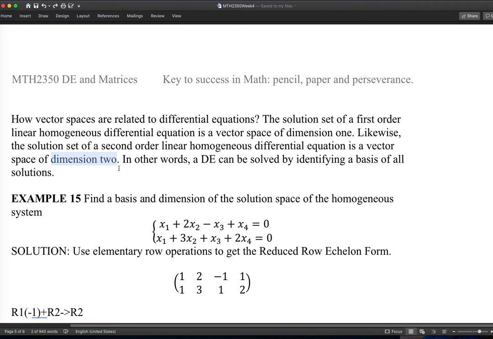Certainly, in our next chapter we will work more on second order linear differential equations, and homogeneous second order linear differential equations are included. But for this moment, I just want to take a quick look.